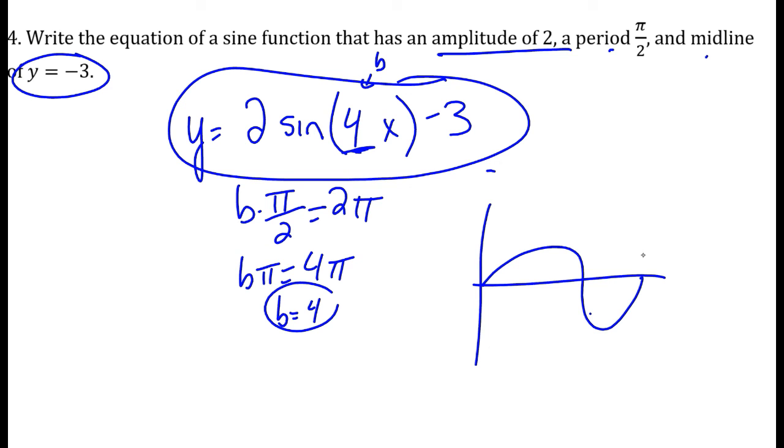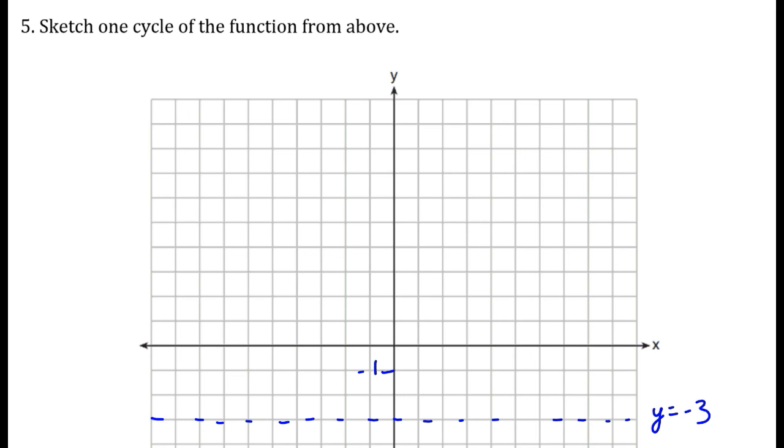How long does it take to get through one full cycle? They told me that. That's pi over 2 there. So I'm going to plot my 5 points: midline, max, midline, min, midline. I'll plot those 5 points and relabel the x-axis so that final point is pi over 2.